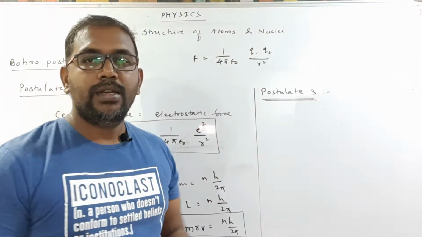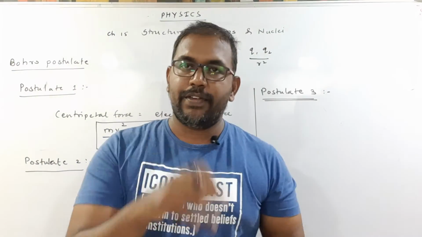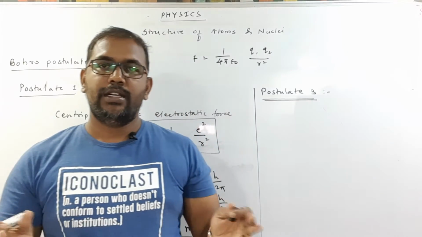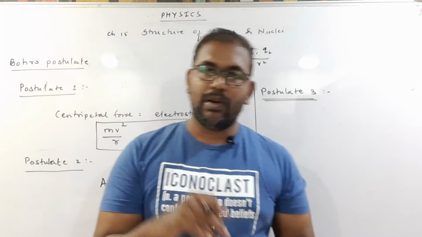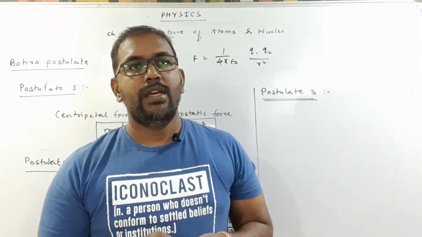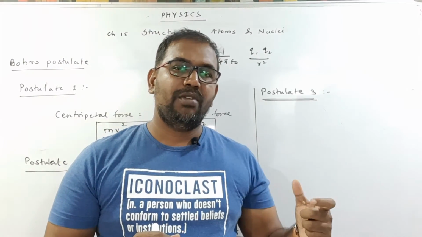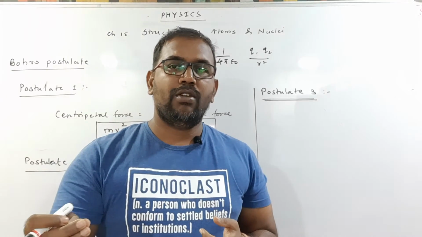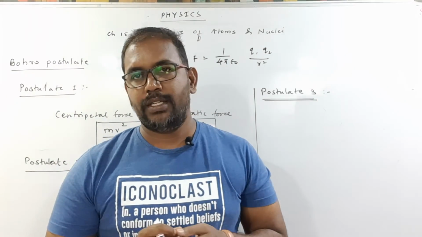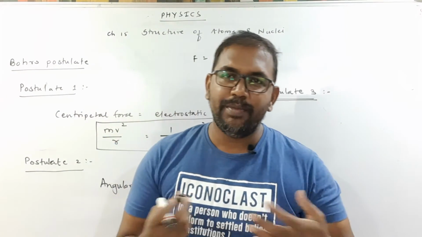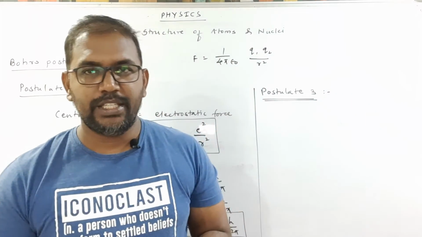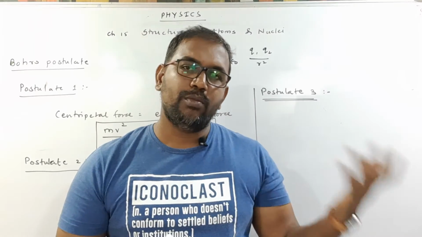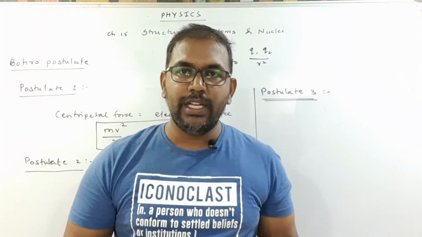Now pay attention. When we are considering different orbits, you know the structure of atom: the central part is the nucleus, with electrons revolving around the nucleus in different orbits. Now I consider an electron which is in a higher energy orbit and wants to come into a lower energy orbit; then it has to emit its excess energy. You know that the energy of an electron in the outermost orbit is more as compared to the inner orbit.